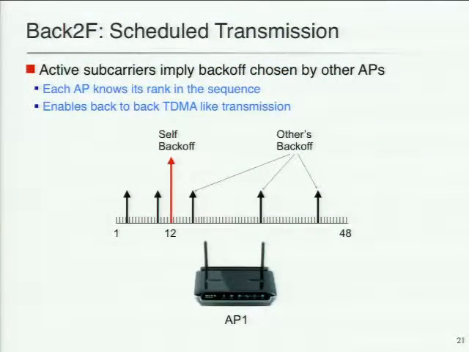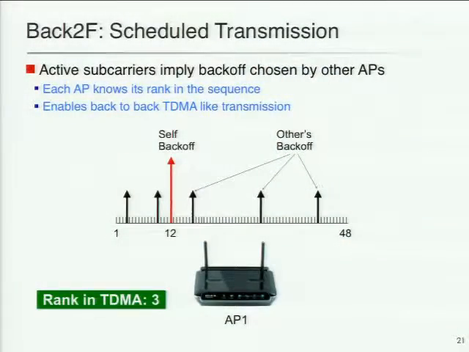Let's say that a black access point is seeing these Backoff values on the listen antenna. So the red spike is its own Backoff number. It has chosen a Backoff value of 12, and the black spikes are Backoff values of other access points in its neighborhood. Now since active subcarriers imply Backoff chosen by other access points, by looking at this listen antenna, this access point will know what is its rank in a sequence.